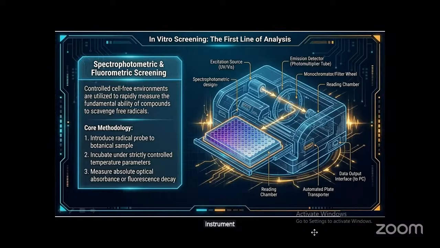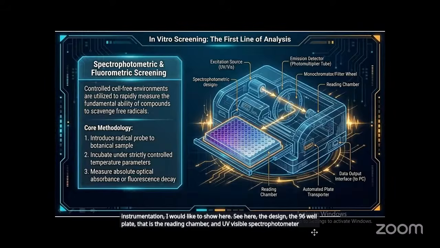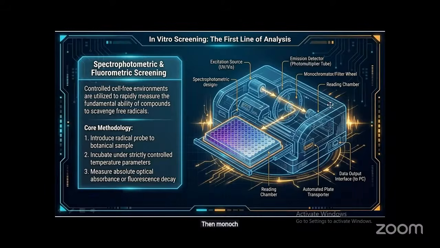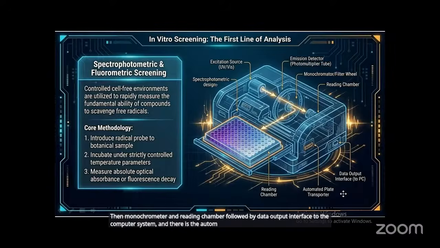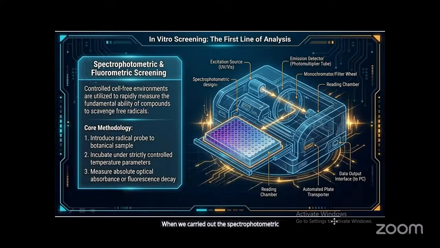See here the design: the 96-well plate, which is the reading chamber, and a UV-visible spectrophotometer is generally used. The detector is the emission detector, that is the photomultiplier tube, then the monochromator and reading chamber, followed by the data output interface to the computer system, and there is also an automated plate transporter. These are the accessories inside the instrumentation available when we carry out the spectrophotometric-based TAC system.